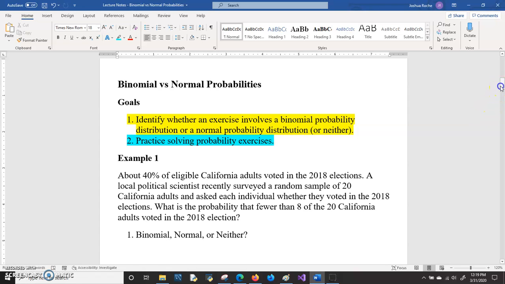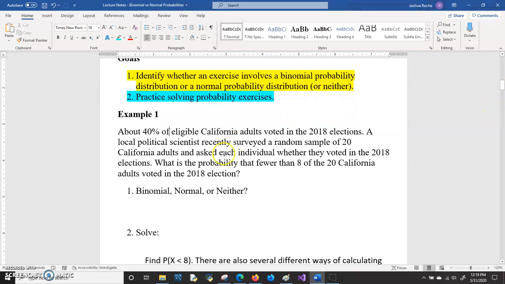The first example we'll look at says about 40% of eligible California adults voted in the 2018 elections. A local political scientist recently surveyed a random sample of 20 California adults and asked each individual whether they voted in the 2018 elections.